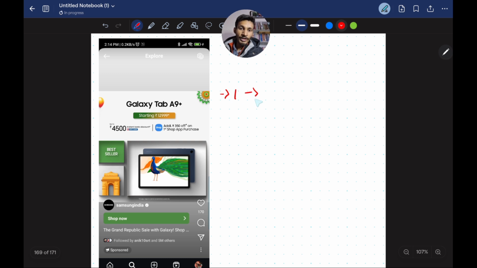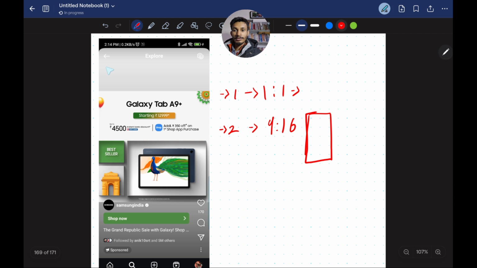Number one, you should have a 1:1, and number two, which would be a reel. And reel format, I believe, is 9:16. So that means you would take all the space inside this. So the space which is wasted here would not be wasted.